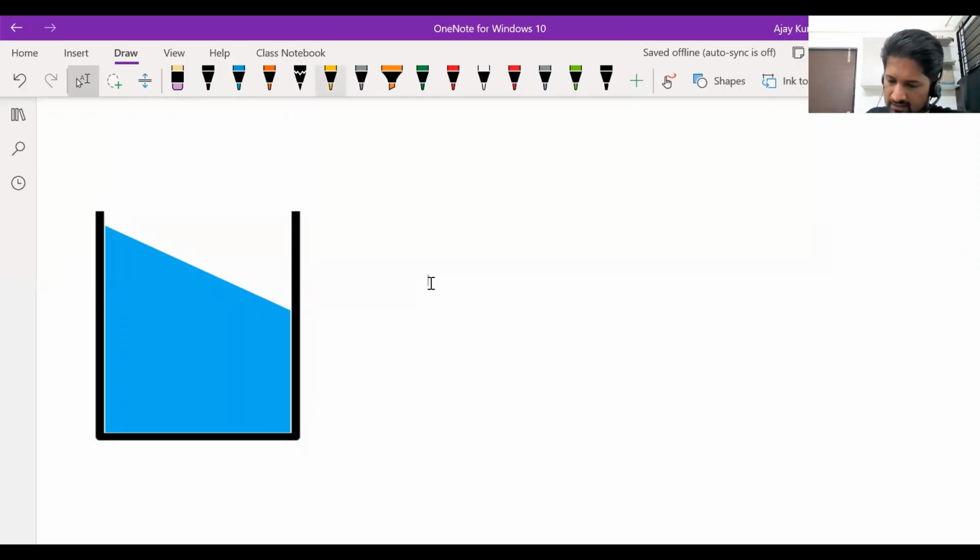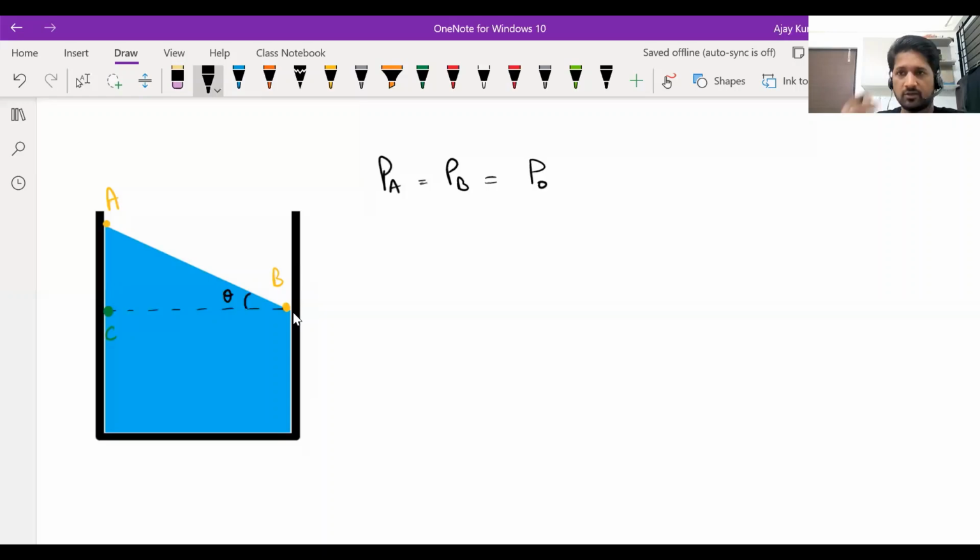Another way to look at it is like this. We want the angle made by the free surface, so let's visualize the horizontal line here. This angle theta is what we want to derive. Consider this point, call it A, call this point B, and the point which is vertically below A at the same depth as B, let's call it C. A and B will both be at atmospheric pressure because they are exposed to the atmosphere.